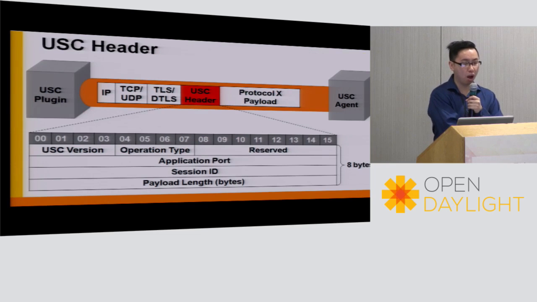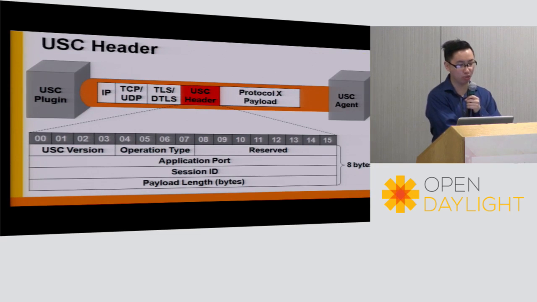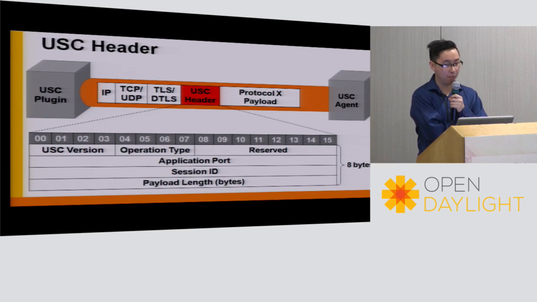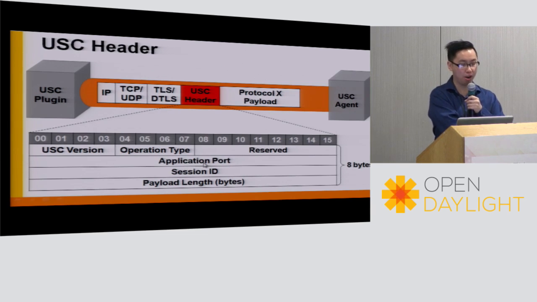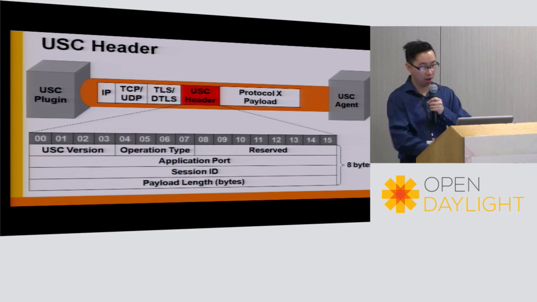Right. So what really powers USC is a header which we defined. It's 8 bytes in size. What we do is we take the protocol payload and add the USC header, which defines the USC version, the operation type, the application port, the session ID, and also the length of the payload.